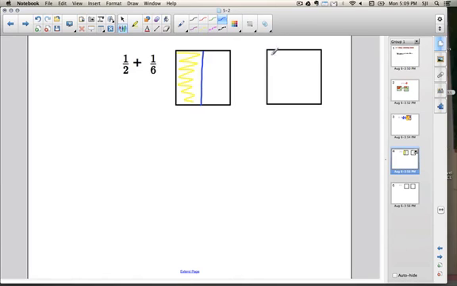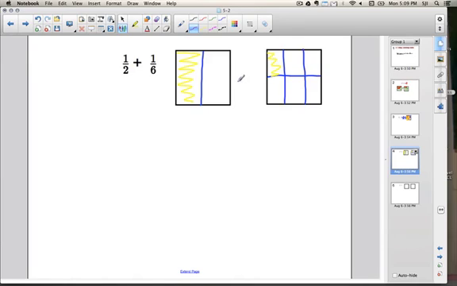And if I were to have 1/6, there I've divided that square into 6, and if you have one of them, it's going to look like that. Well, here's our problem. We can't just put these things together. These pieces aren't the same size. Look how big this piece over here, the half, is compared to the 6. They're not the same size pieces.